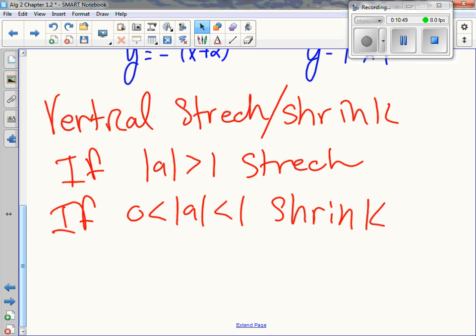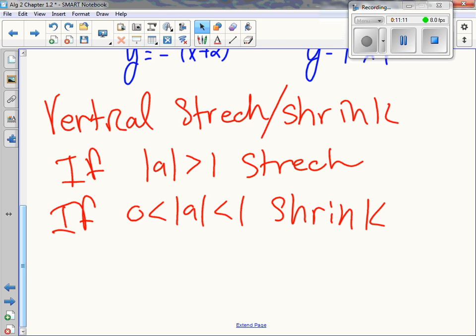If the value of a is greater than 1, then it's a stretch. If the value of a is less than 1 but greater than 0, between 0 and 1, then it's a shrink. So if I said a was negative 2, what is the negative part? Negative is dealing with not stretch or shrink, it's part of the reflections.